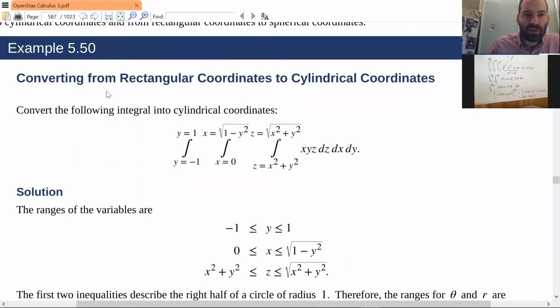Some problems will just give you an integral like this, and they'll ask you to convert it into cylindrical coordinates. They don't tell you what the region is, they just give you the integral right away. So you're going to have to look at this thing and convert everything in here, in the case of cylindrical coordinates, to dr, d theta, and dz, or r and theta and z up here in the bounds.